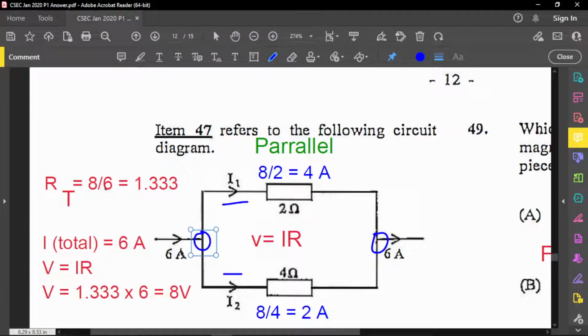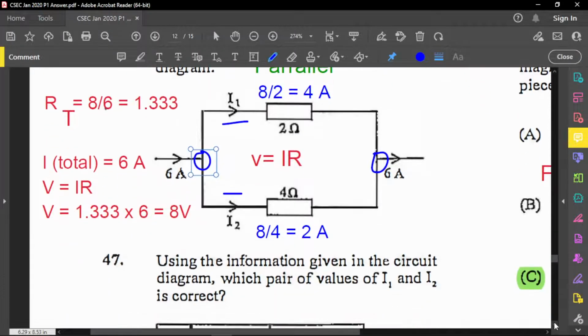It's very important for you to know that, because it's going to help us calculate what they ask us to do. Let's quickly look at what they ask us to find. Using the information given in the circuit diagram, which pair of values I1 and I2 is correct? I'm going to run through the calculation real quick.